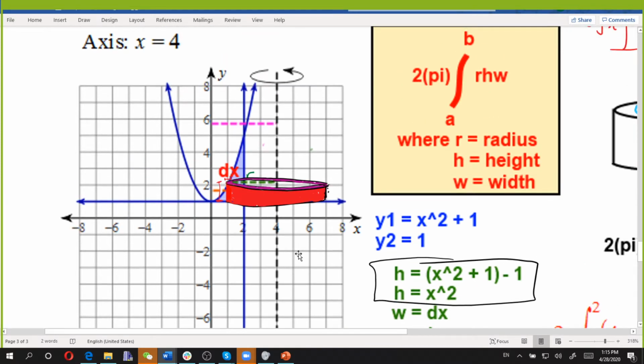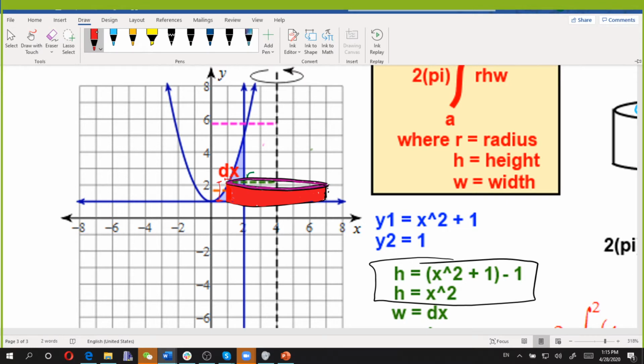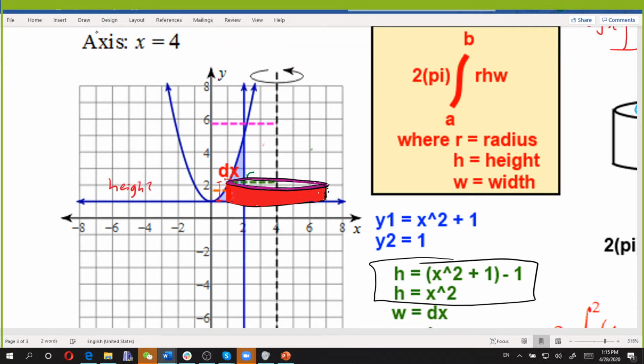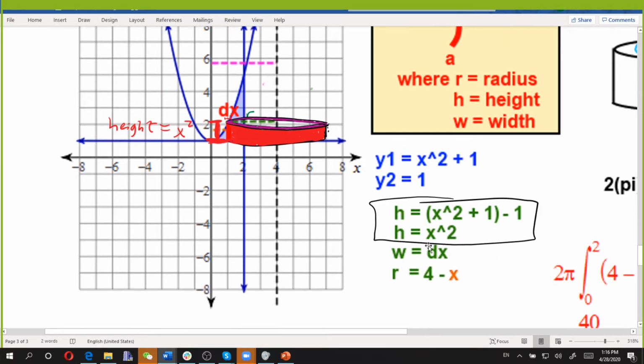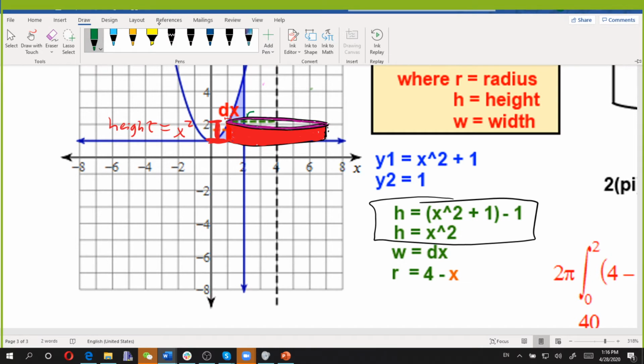So our height is x squared. Okay, our width is dx.